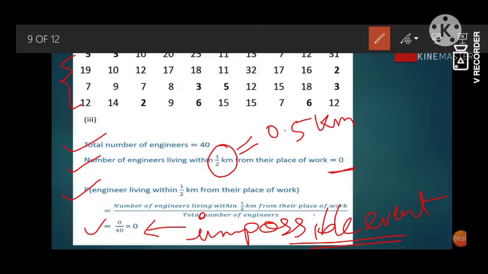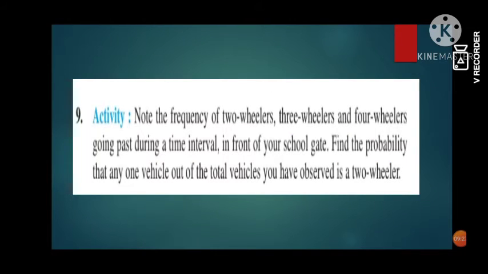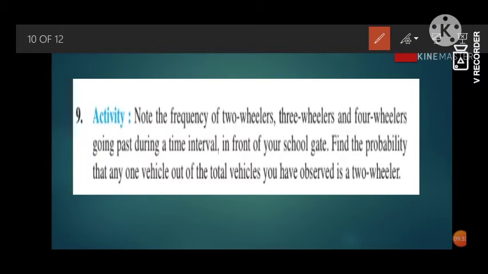So this is our question number 8 subpart 3. Now let us see the last sum of today's discussion, sum number 9, which is an activity. In an activity, the table or the data is assumed by each individual.